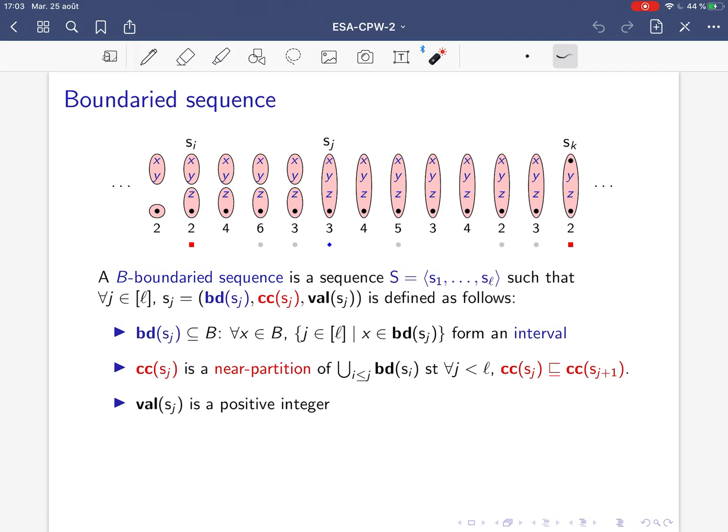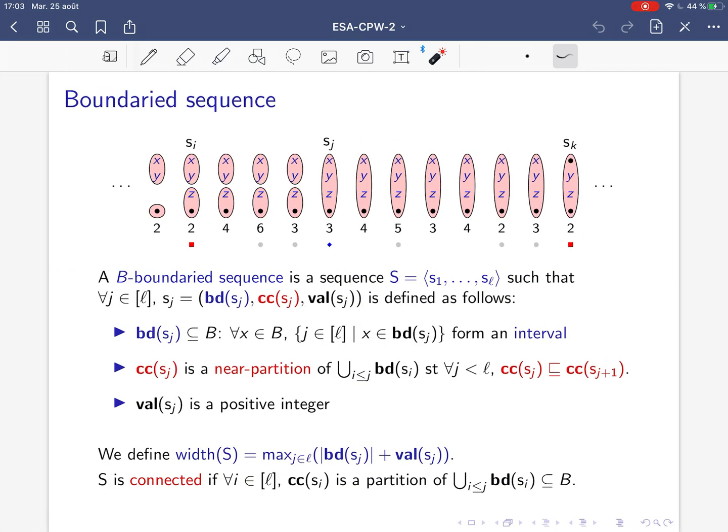A near partition is a partition where you allow multiple occurrences of the empty set, and you require the property that these CC near partitions are nested from one triple to the next one, meaning that every part of CC of S_j is contained in some part of CC of S_j+1.